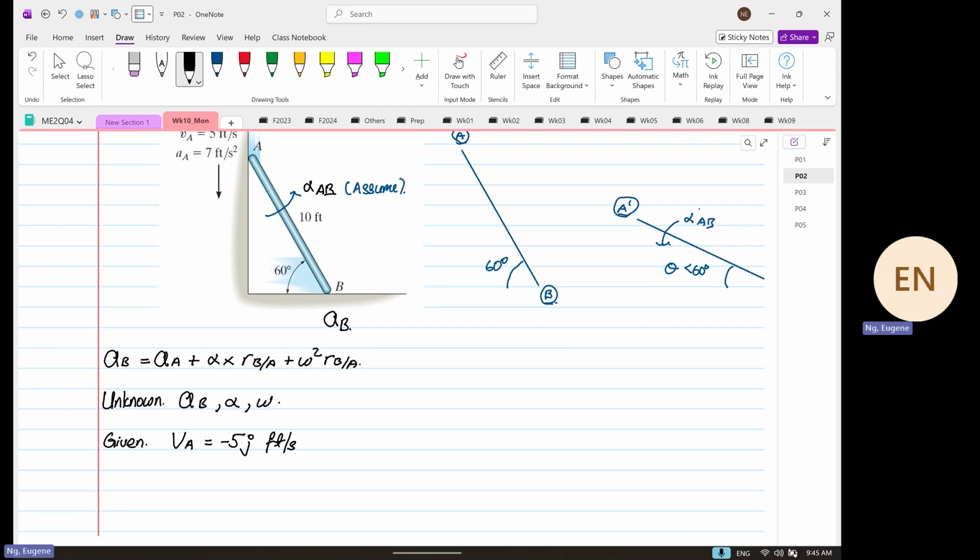Okay, so when I put minus, it's because it's coming down in the Cartesian format. And we know that acceleration at point A is going at minus 7j feet per second squared.